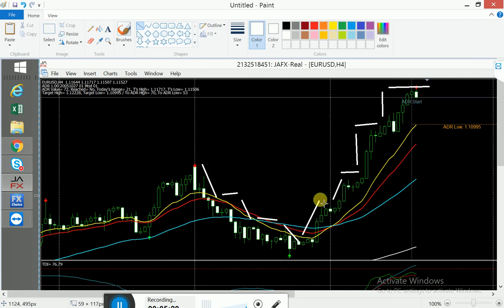And then price comes back. Same thing here. 1, 2, 3. And the price comes back. All right. Everybody see that? That's what a cycle looks like. Now, this is the weekly cycle, 4-hour chart.